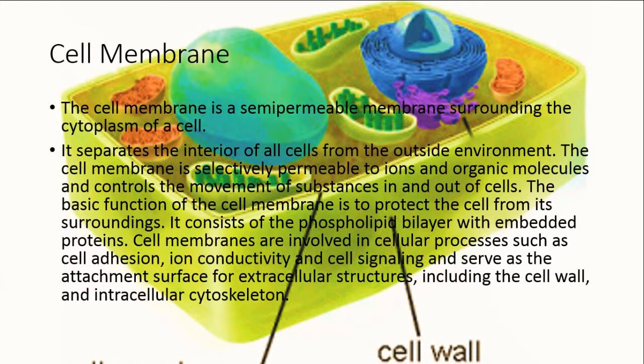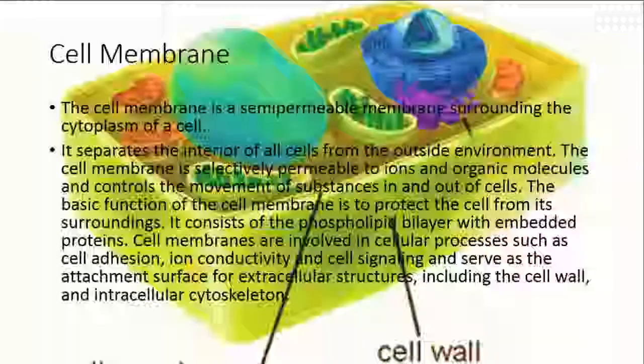So these embedded proteins help large molecules get into the cell. The cell membrane is involved in cell processes such as cell adhesion, ion conductivity, and cell signaling, and serves as the attachment surface for cellular structures, including the cell wall and the intracellular cytoskeleton.